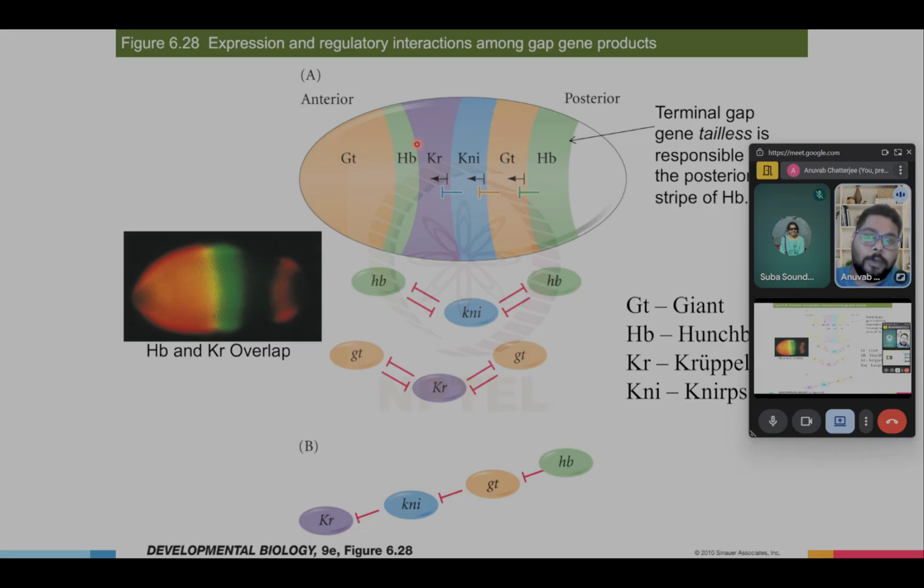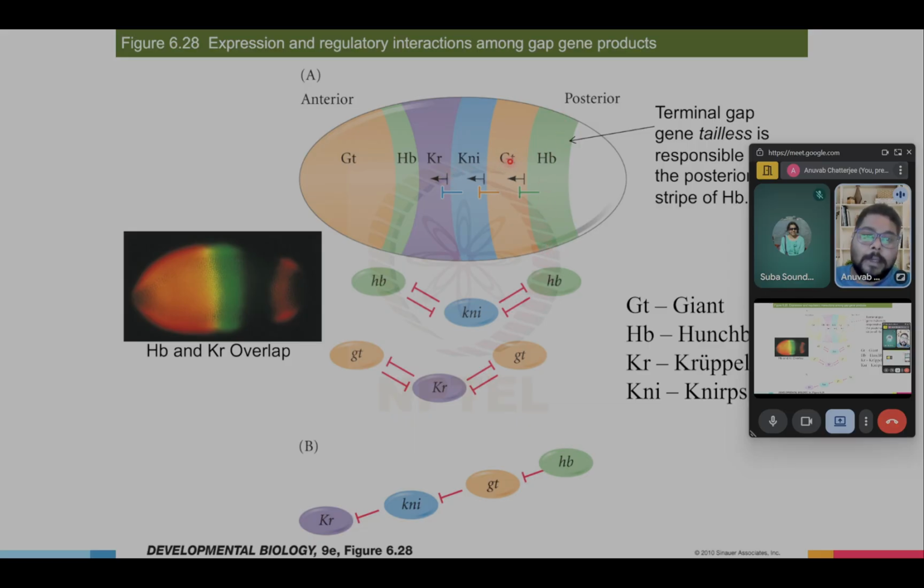So there is going to be a region where there is no Krüppel and only hunchback here, because giant says I do not like Krüppel, so I don't allow it to be expressed here. Krüppel says yes, I also do not like you. So there is this region in the middle where neither giant nor Krüppel is expressed and only hunchback is expressed. So you have this giant, hunchback, and Krüppel. Similarly, on the other side, the same thing happens.